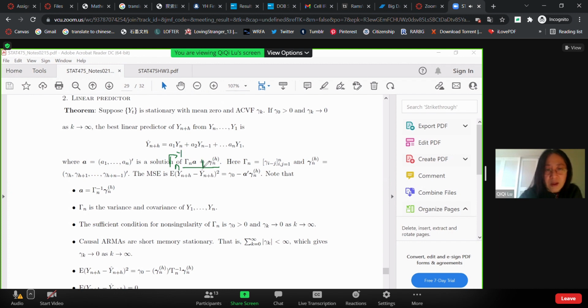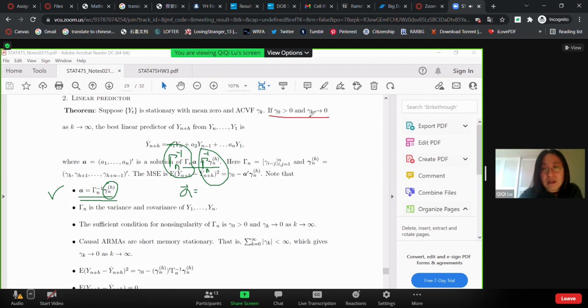The left-hand side becomes the identity matrix, so you have A on the left, and the right-hand side is your solution. So A equals gamma n inverse times the vector for ACVF. Okay, so now you got A here.